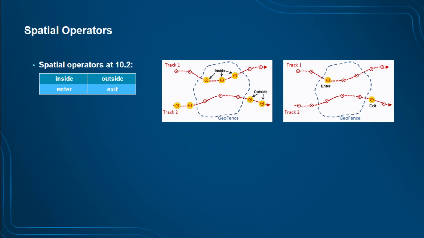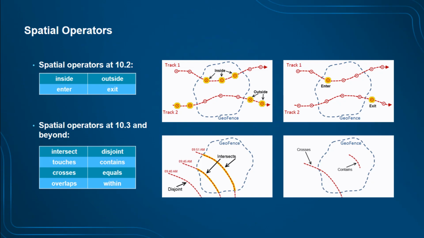At 10.3, we significantly expanded the list of spatial operators that we included with GeoEvents, and it now supports GeoEvents that could be points or lines or polygons, and all of those are supported. As well as with other geometries, in finding spatial relationships in a much more robust manner. So we now have something like 11, 12 spatial operators within GeoEvents.